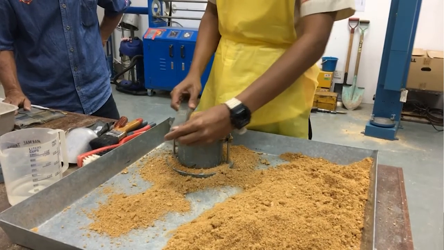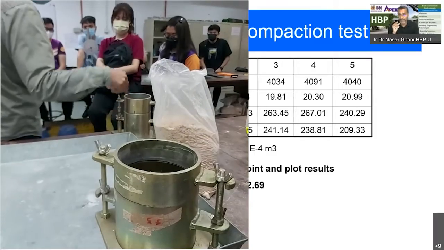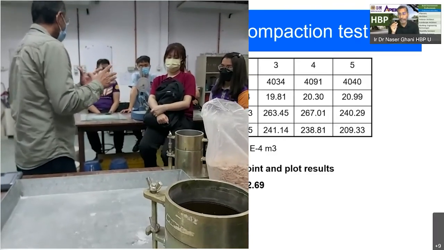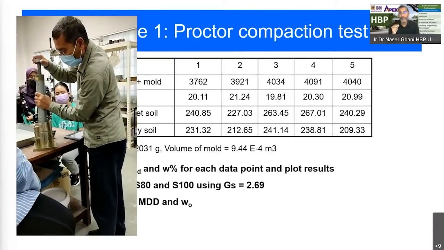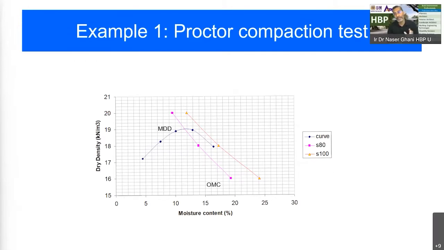Remember, during the Proctor compaction test, we are trying to establish a certain indicator of what would be acceptable compaction on site. That indicator would be the maximum dry density.